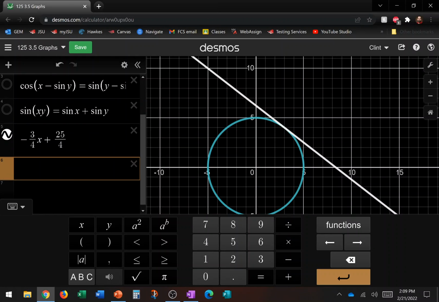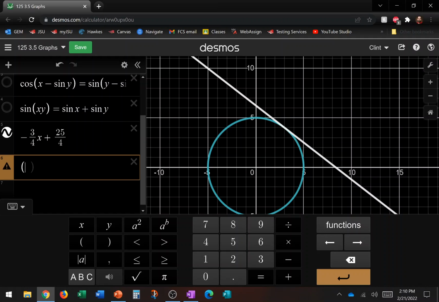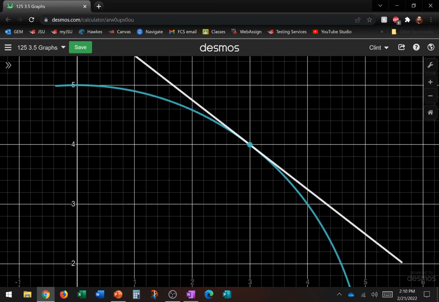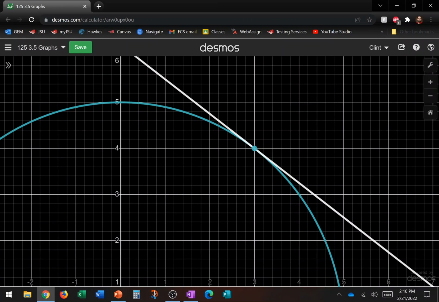And we wanted that to be tangent at the point 3, 4. I keep forgetting what our point is. Yeah, 3, 4. So look at that. We got it. So there's our point, and we had our circle, our point, and we got our tangent line. Not too bad.